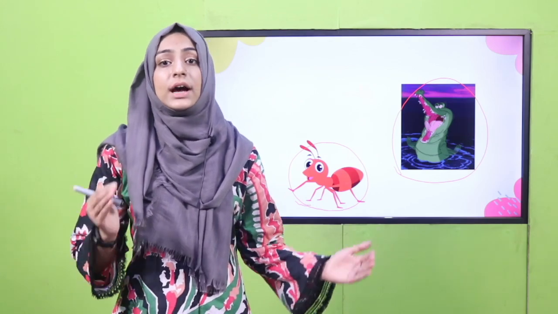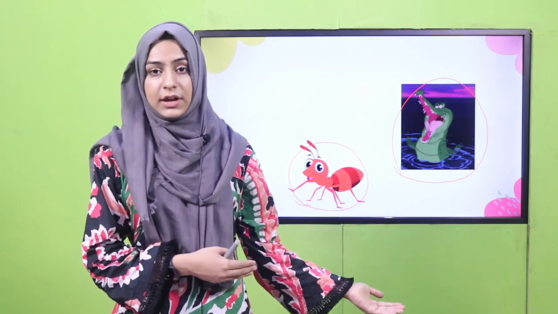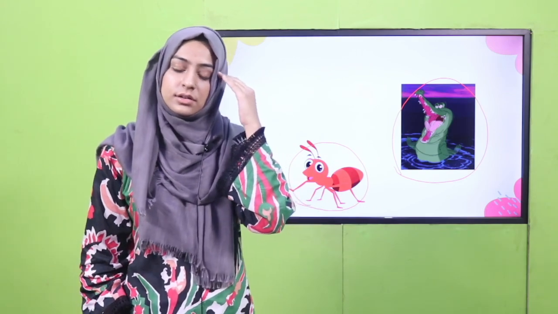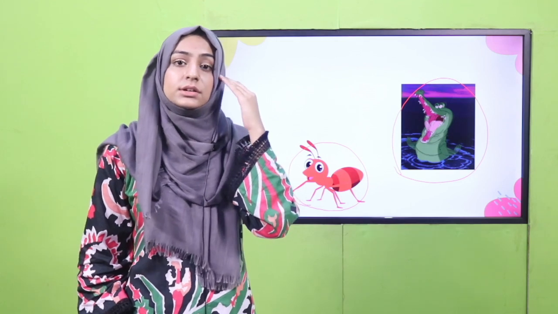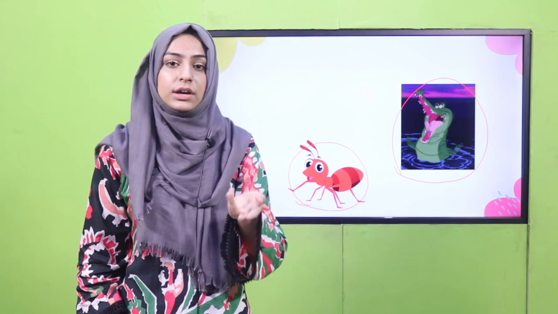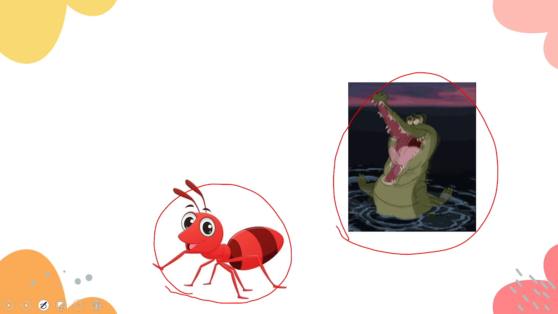Why did she save the tree? And why was she worried? Why did she ask the alligator for help to save the apple tree? Think for a minute and think about the ant as well कि उसने ऐसा क्यों किया, उसने save क्यों किया. Pause the video here for a minute and think.